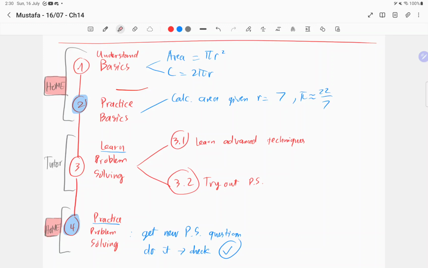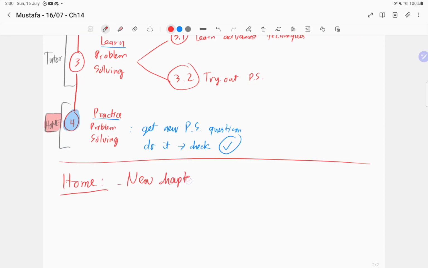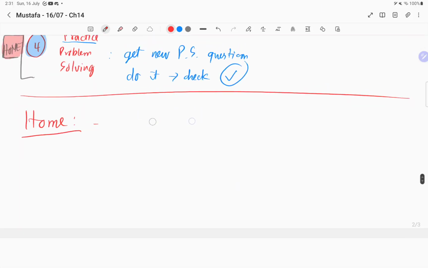So what I want you to do, in simple terms, I'll give you some simple instructions. At home, this is what you need to do for new chapters. Actually, I'll give you a timeline.